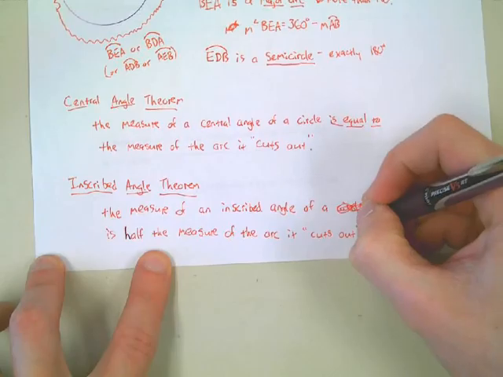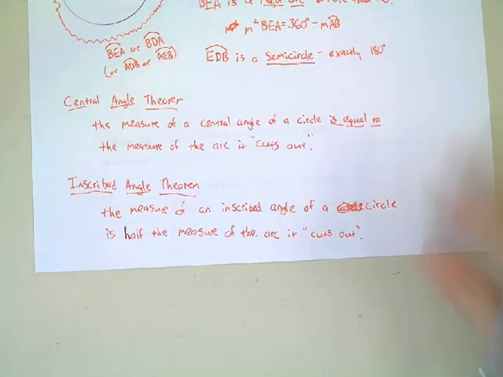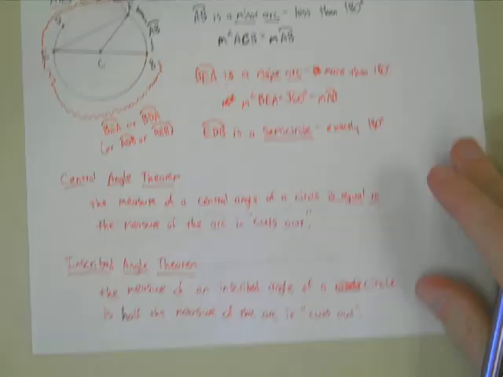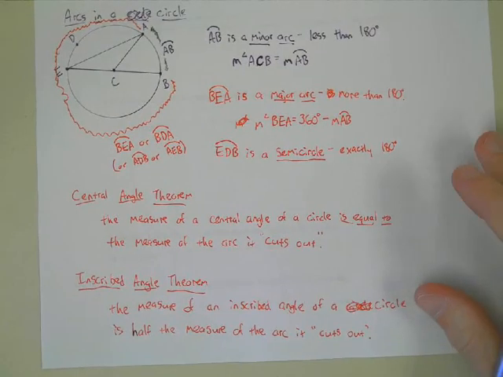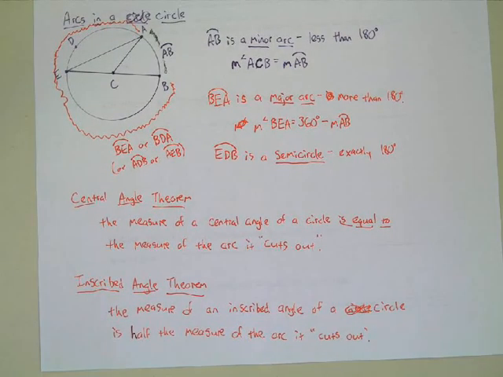Okay? So that means if arc AB is 100 degrees, what's the measure of the inscribed angle AEB? 50. What's the measure of angle ACB? 100. They're the same.